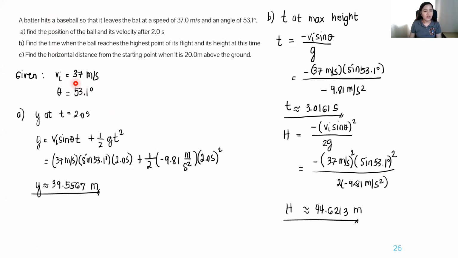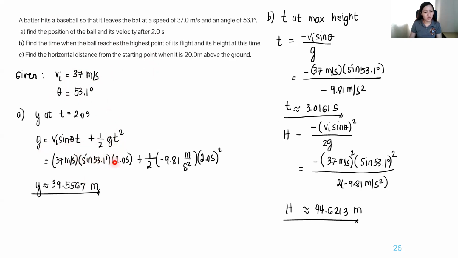So we're given the initial velocity 37 meters per second, and the launch angle of 53.1 degrees. So for letter A, we are to find the position of the ball and its velocity after 2 seconds. Its vertical distance after 2 seconds, we can use the formula y equals vi sine theta t plus 1/2 gt squared.